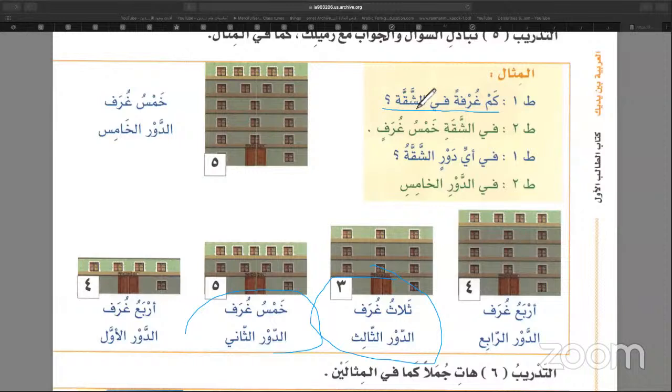How many rooms in the apartment? في الشقة خمس غرف. 5 غرف.